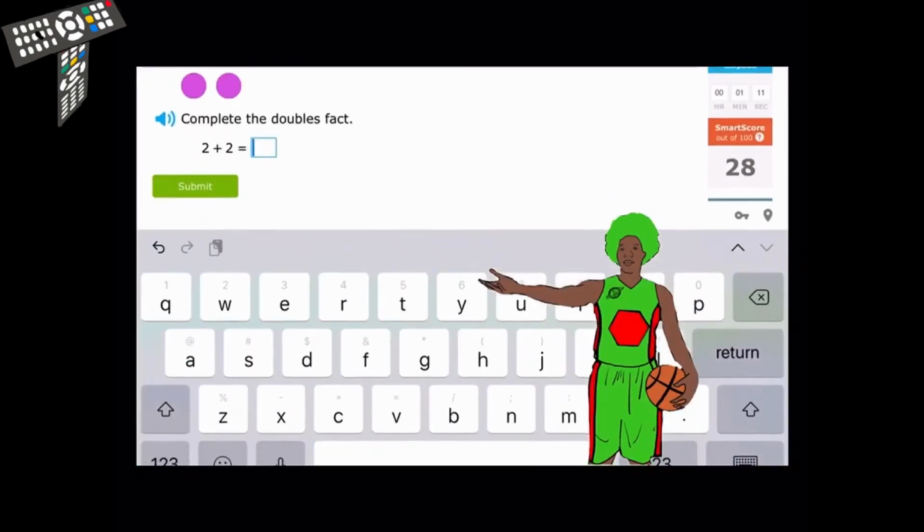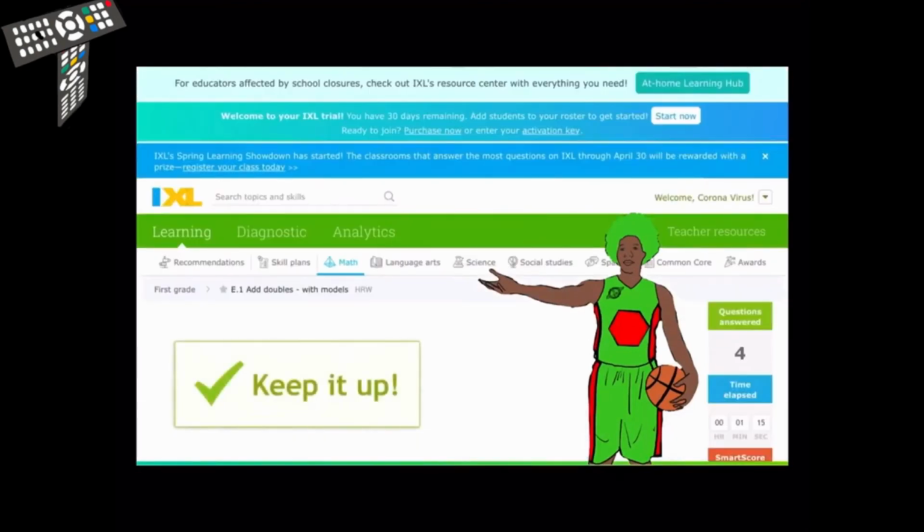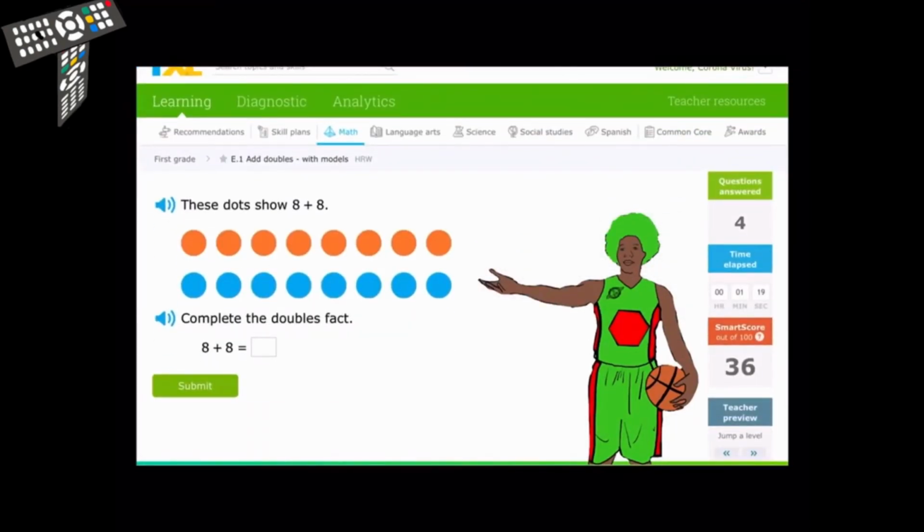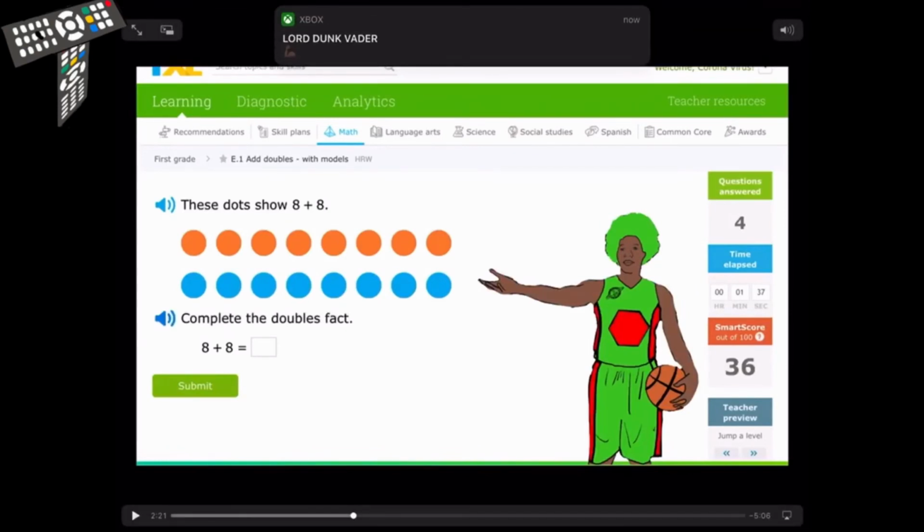Okay, what do you have? 4. Good job. If you would like, you can get a whiteboard and a marker or a pencil and a piece of paper and write these down. But please feel free to pause this video at any time so that you can learn at your own pace. Okay, let's get this. These dots show 8 plus 8. Complete the doubles fact.